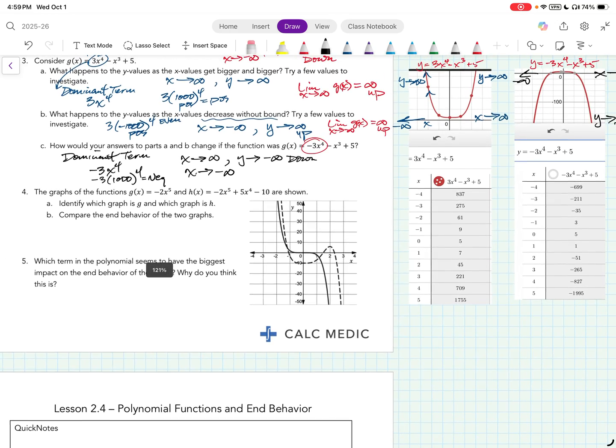So let's substitute a huge negative number. Negative 3 times negative 1,000 to the fourth. Well, negative 1,000 to the fourth is positive, but when you multiply by negative 3, a negative times a positive is a negative, and it's going to be a huge negative number. So y approaches negative infinity on the left-hand side too, which means the function must go down there too.